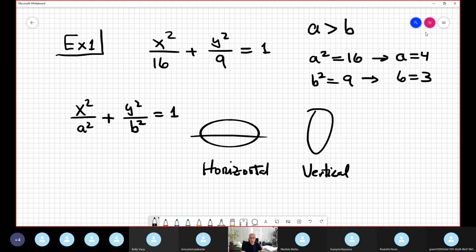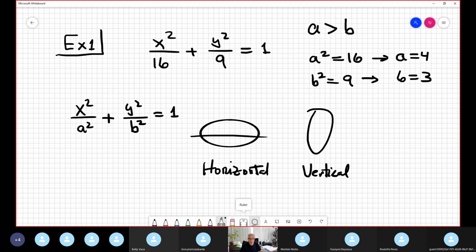Absolutely. How do you know? What is the logic you use? The A, which is the big, is associated with the X. Therefore, the major axis is parallel or coincident with the X axis. It's super easy. You see, who is the bigger? 16 is the bigger, right? And the major axis is located in the X axis, horizontal. No secret.